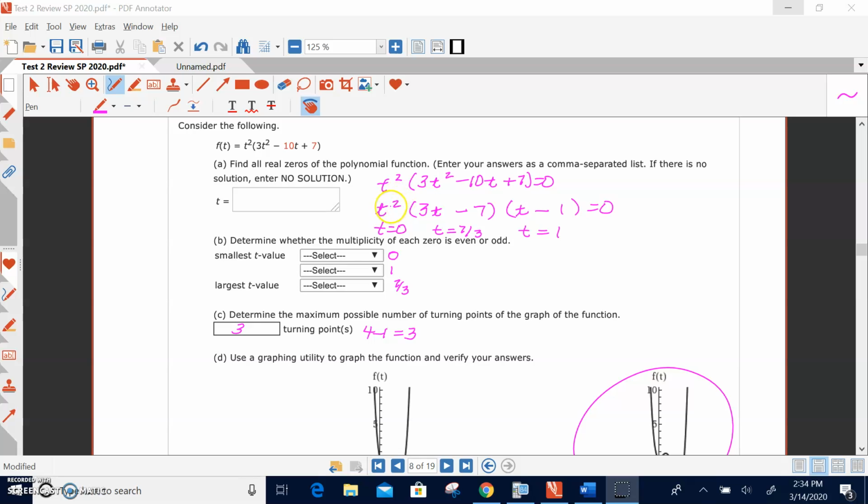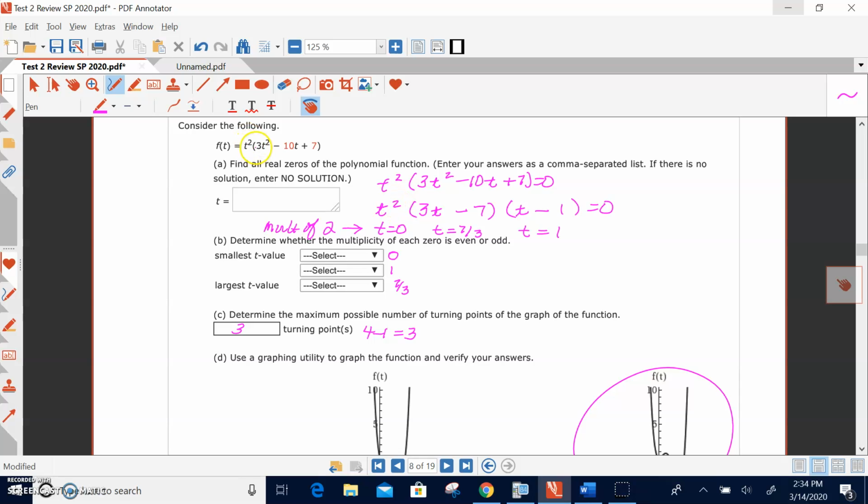If I set t squared equal to 0, I just get t equals 0. But because that guy had a square on him, this guy occurs twice. So that particular 0 has multiplicity of 2. He occurs twice. Each of these occur once. And again, it occurs twice because of that degree.